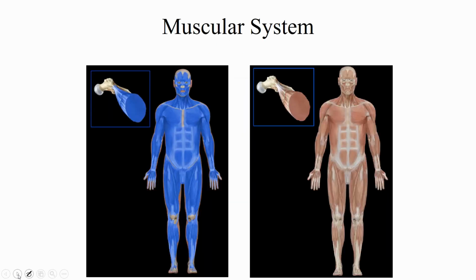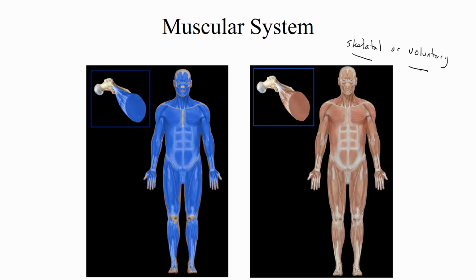Next, we have the muscular system. Muscle is going to be a tissue that contracts. When we talk about the muscular system in the human, we are primarily talking about skeletal or voluntary muscle. Okay, so there's smooth muscle, cardiac muscle, and skeletal muscle. When we're talking about the muscular system, we're talking about movement.